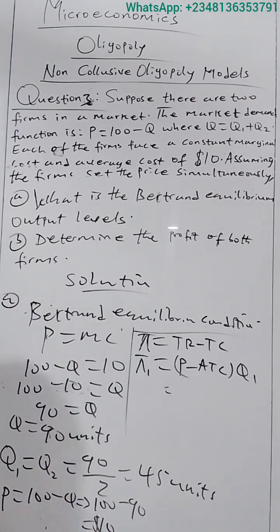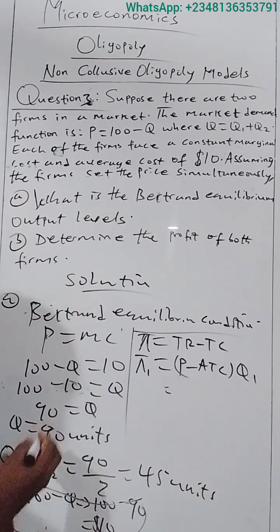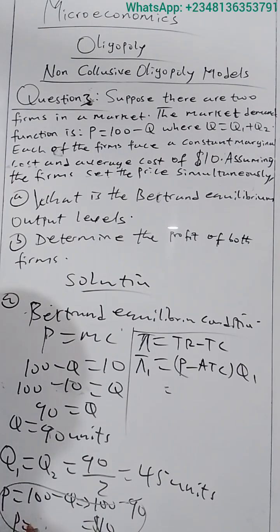The price is equal to marginal cost, so we don't necessarily need to even go through this. We know the marginal cost is 10 US dollars, so the price is equal to MC, which is equal to 10 US dollars. You can see that by substituting Q into the demand function, we get the same answer, which is 10 US dollars.